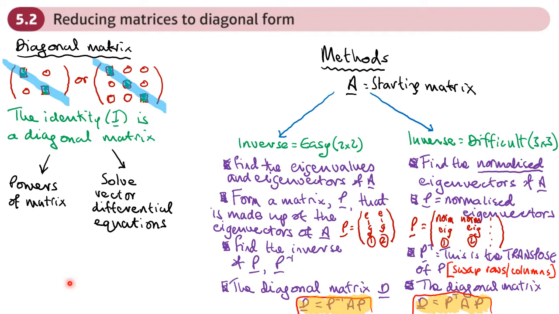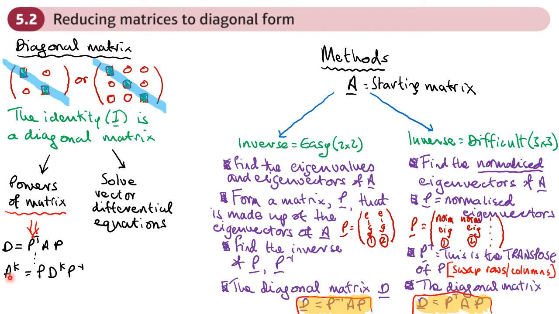Okay, so let's just mention a couple of things. Let's go back to this bit here about finding the powers of a matrix and how this diagonal form is going to be useful. We're going to be looking at this way of finding the diagonal matrix: D equals P transpose A P. Now it can be shown, and I'm not going to show it here, that A to the power K, the matrix we start with, is equal to P times D to the power K times P inverse.